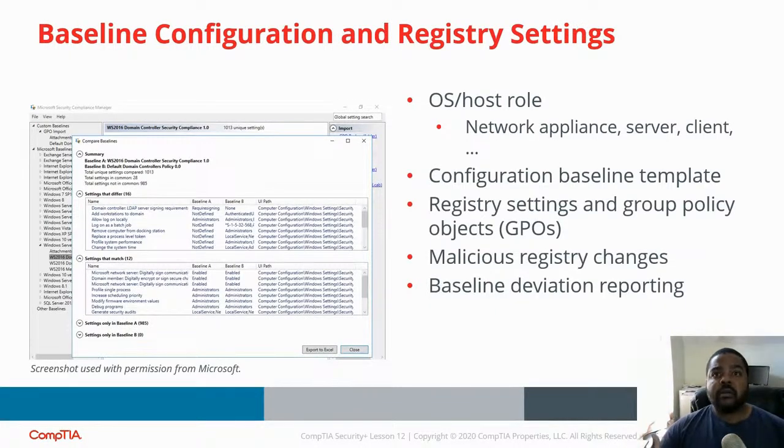Now, to go into different types of software and configuration factors for that hardening process, there is having a baseline of configurations, and also the registry. We can use software that keeps a baseline of applications on our network.